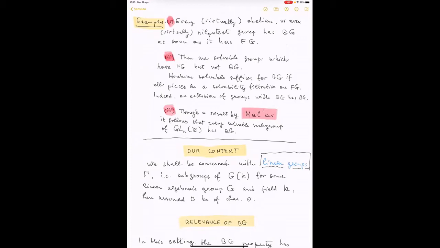However, this suffices if, when we exhibit a solvability filtration, all the pieces are finitely generated and boundedly generated. In fact, an extension of groups with bounded generation has itself bounded generation, which is very easy to check.